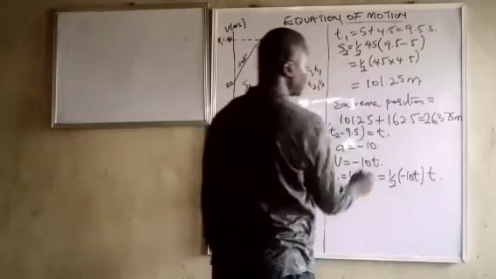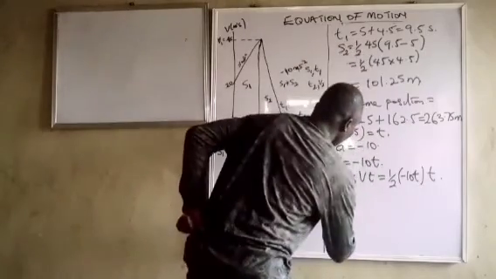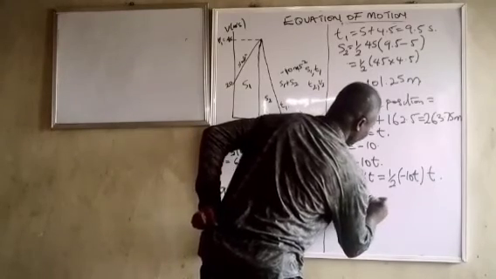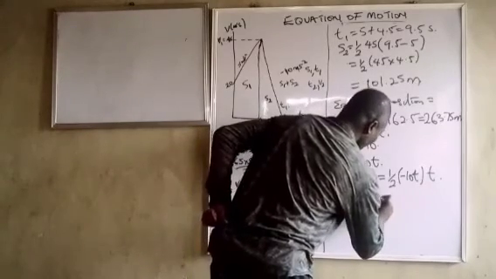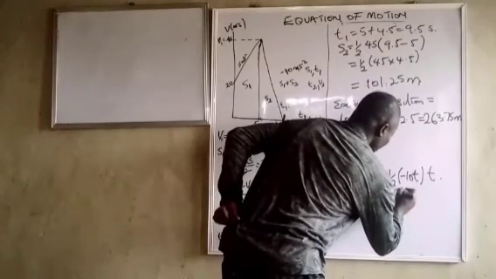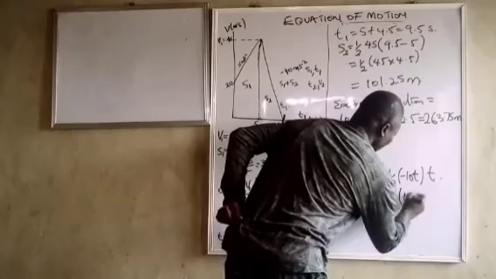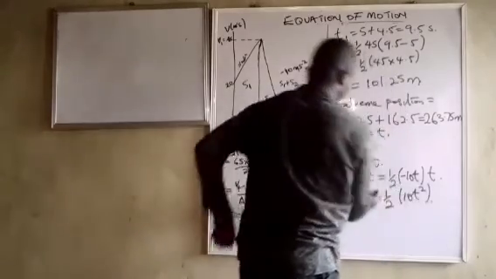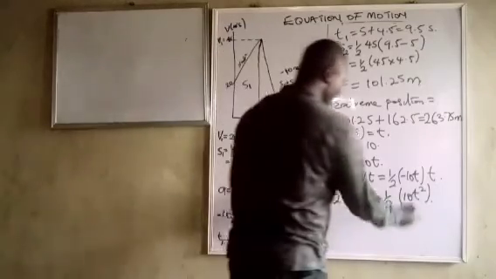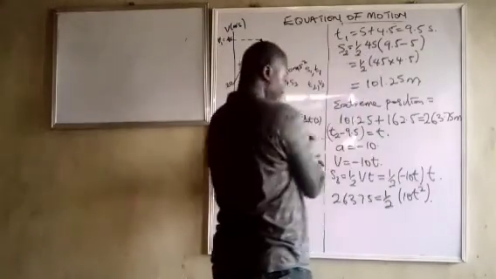And that is 263.75. So 263.75 equals half into 10T squared, because it is distance. The sense is the same. We take it as the same.